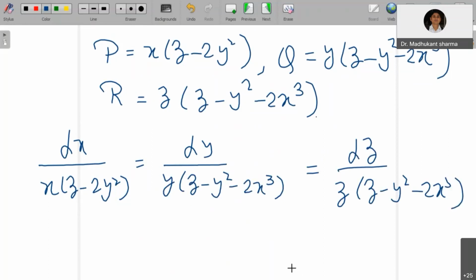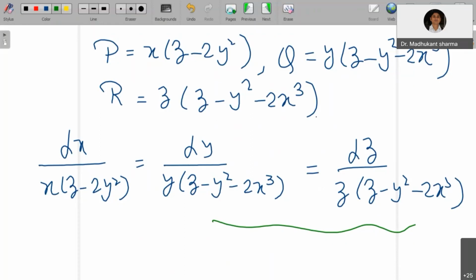So I think one family is straightforward by looking at the last two pair. If you look at the denominator, this last factor will get cancelled, and dy by y equals dz by z will give you the one family. That is very easy.